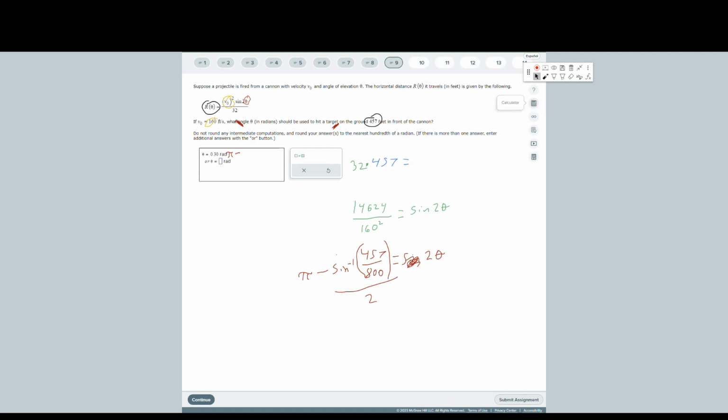So come back over here, we're going to do pi minus the arcsine of 457 divided by 800, and then divide all that by 2, is also going to give us 1.27 radians.